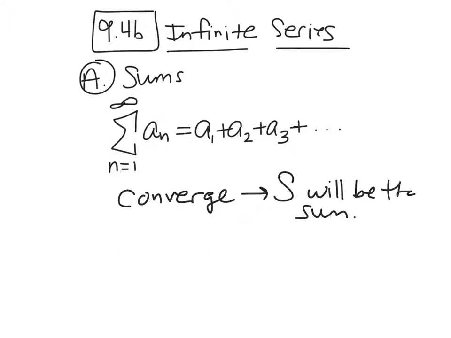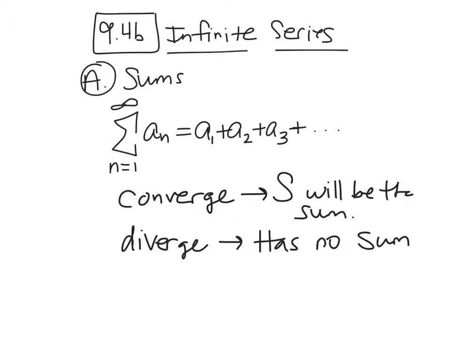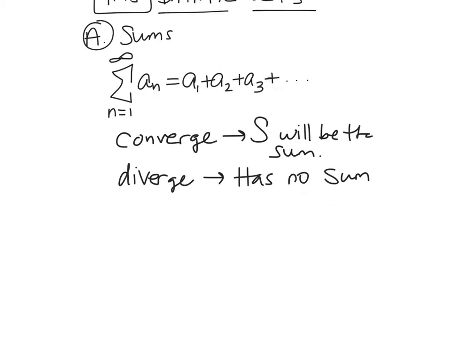But an infinite amount of numbers can have a sum. Sometimes it doesn't, though. A series will diverge if it has no sum. It just either keeps going to infinity or to negative infinity.